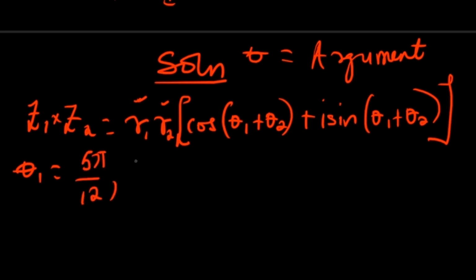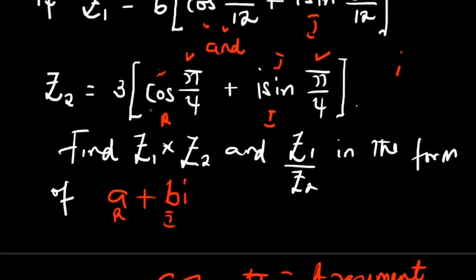And then theta 2 is the argument for the other one, the real part. So we say pi over 4.